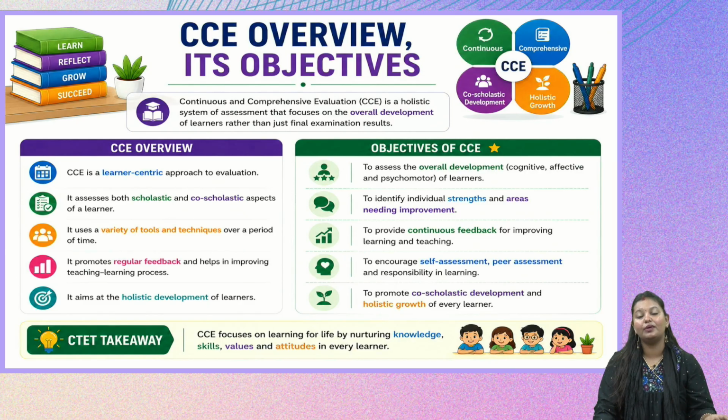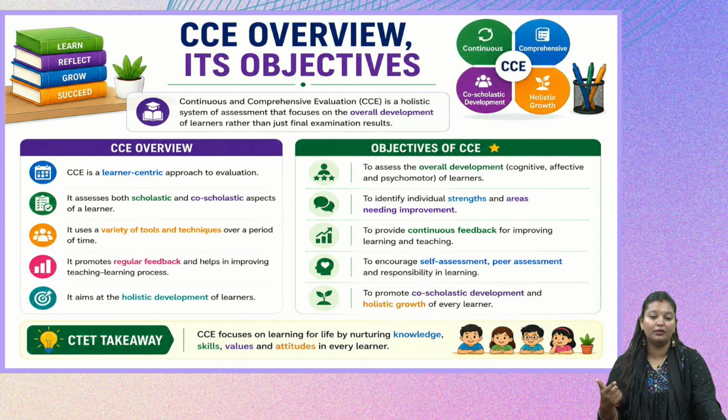And it will promote regular feedback, and thereby helps in improving our teaching learning process, and ultimately it aims at holistic development of our learners. So the key objective of continuous and comprehensive evaluation is to ensure overall development of the learners. It will address the cognitive, affective and psychomotor development of the learners.